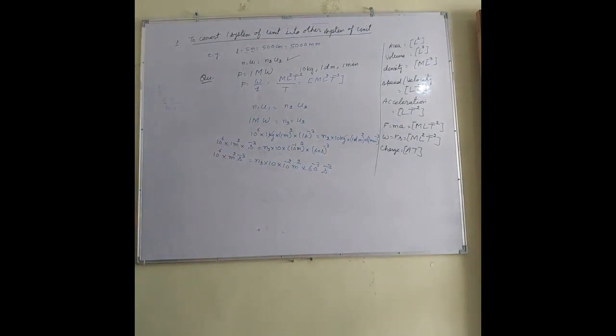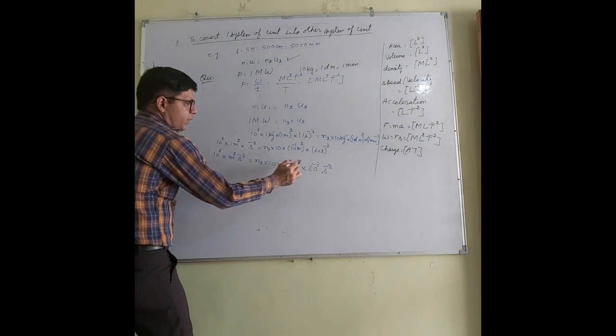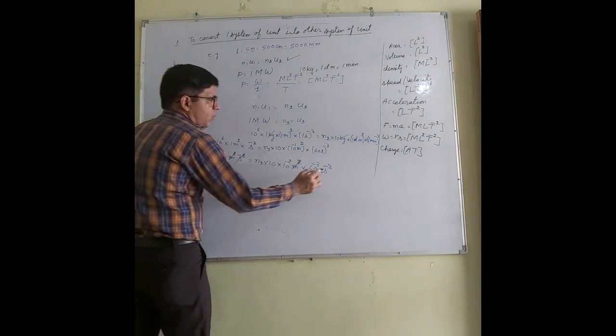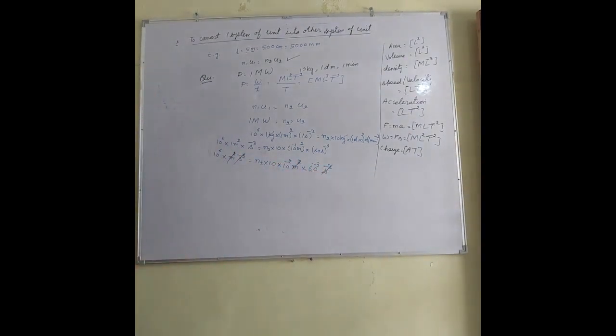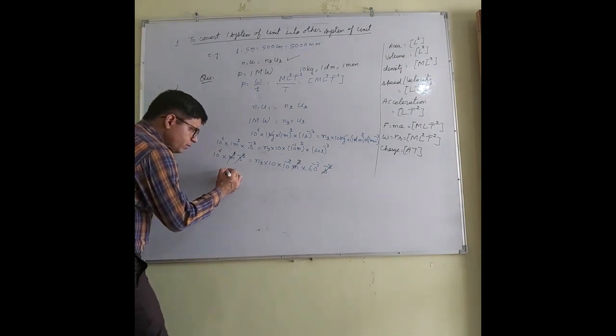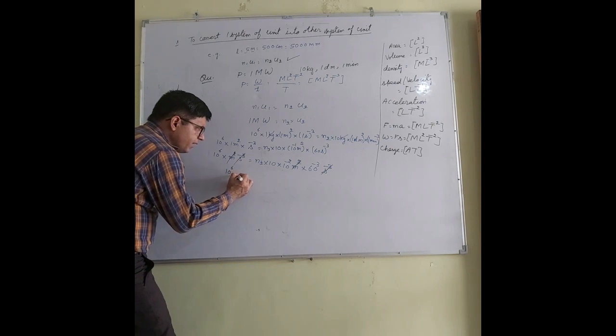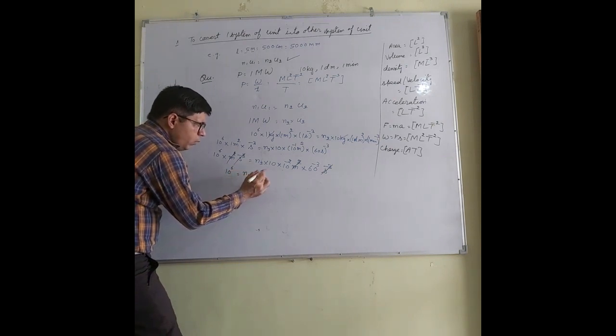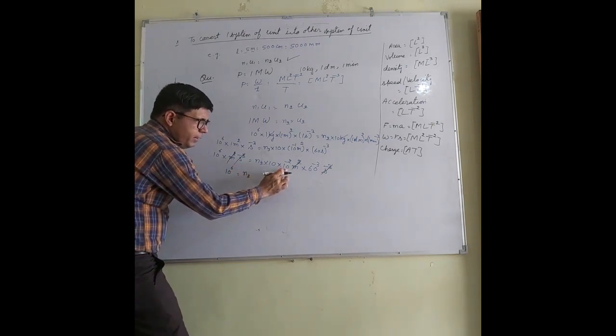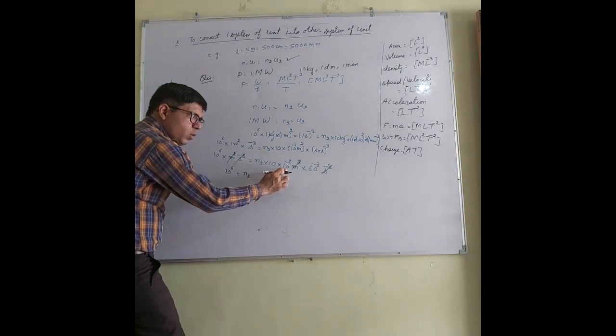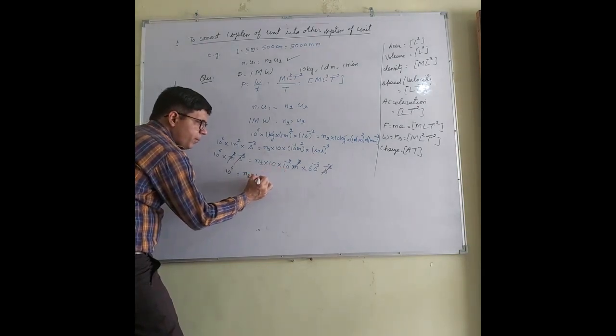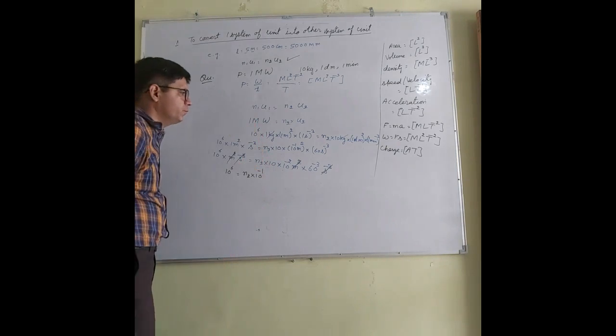Now you are seeing that this one is common on both sides, let's cancel them. Now it equals 10 to the power 6, and 10 into 10 to the power minus 2 will be 10 to the power minus 1.